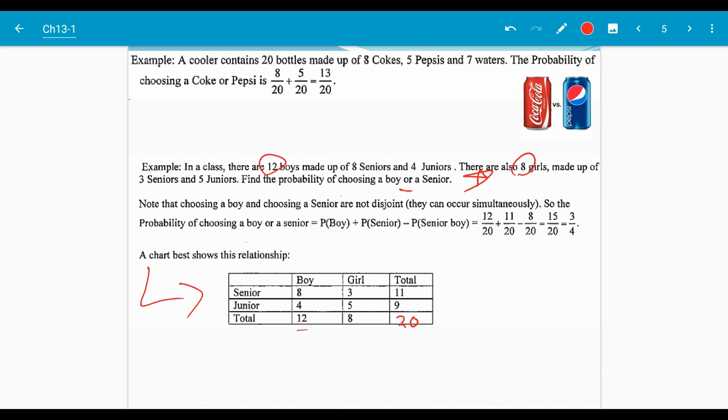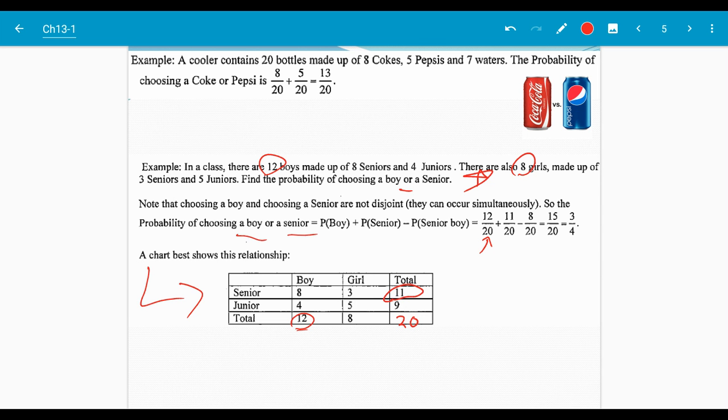Now this is helpful when we start to analyze this with the equation. The probability of choosing a boy or a senior, the probability of picking a boy, there were 12 boys out of 20 students in the class, so 12 out of 20, plus the probability of selecting a senior. From our horizontal addition, we said there were 11 seniors out of 20 students in the class.